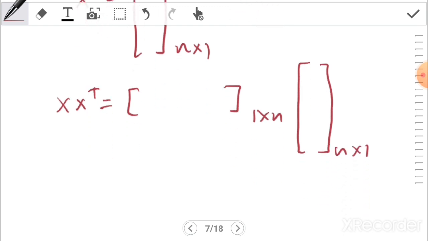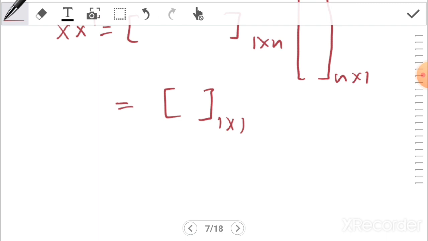So we have a 1 cross 1 matrix as the result. That means rank is either 0 or 1.